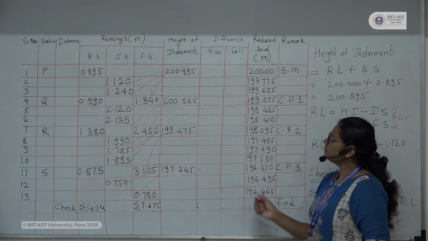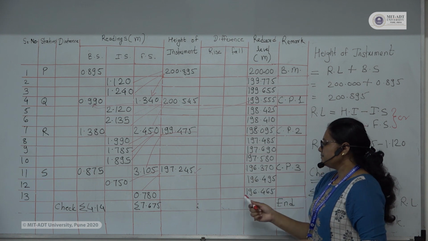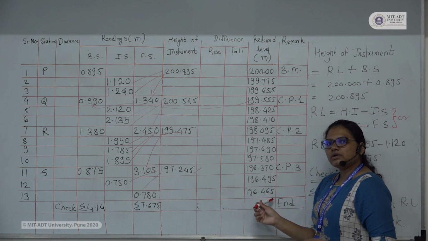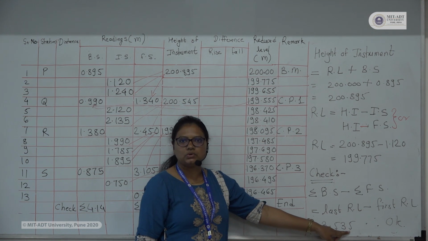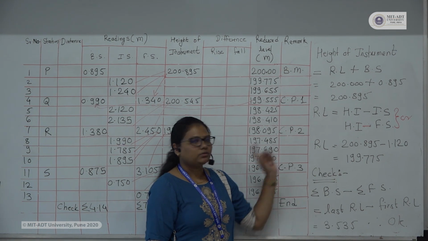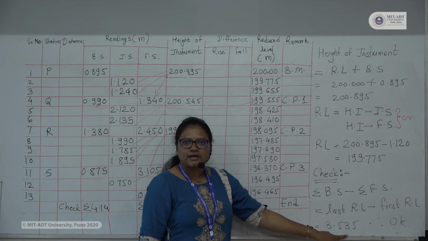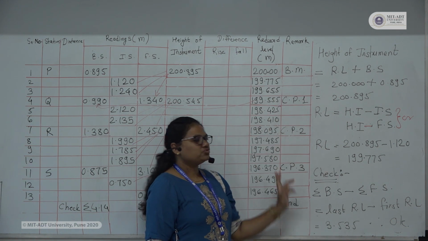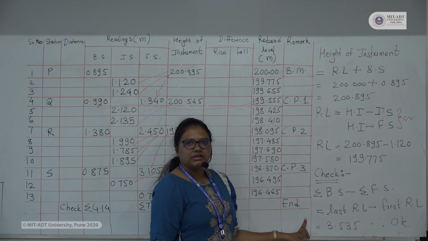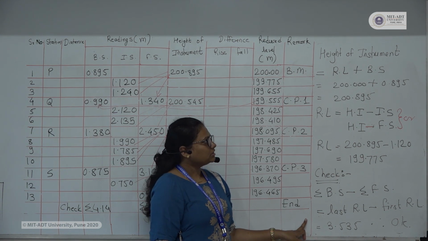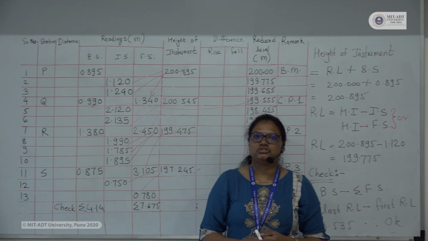If you subtract 200 and 196.465, then you will get the value 3.535. So we can say that our calculations are okay, our results are good, and the readings which we have taken are without errors. So you can do this calculation likewise. This is the method we use for the calculations.